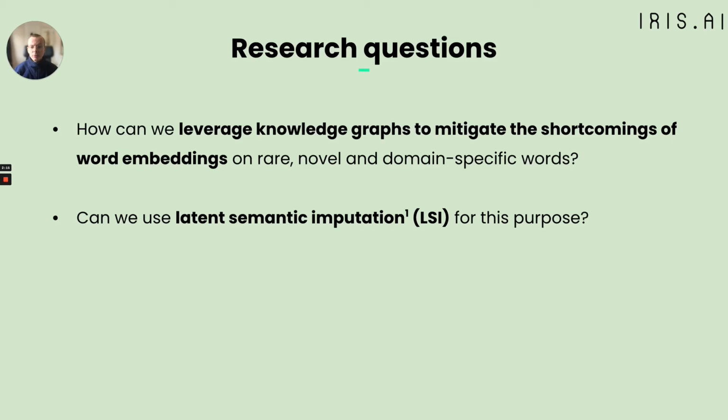An interesting paper from 2019 introduced a process called latent semantic imputation, which imputed embedding words into one embedding space, called the semantic space, from another embedding space, called the domain space. Whilst in their paper, they used a domain space trained from a numeric data matrix, we were interested whether we could instead use a knowledge graph.